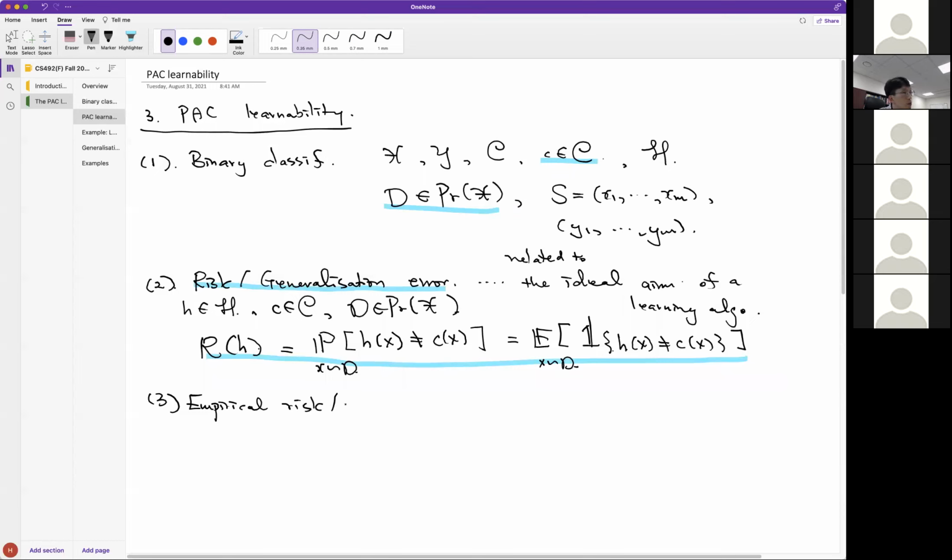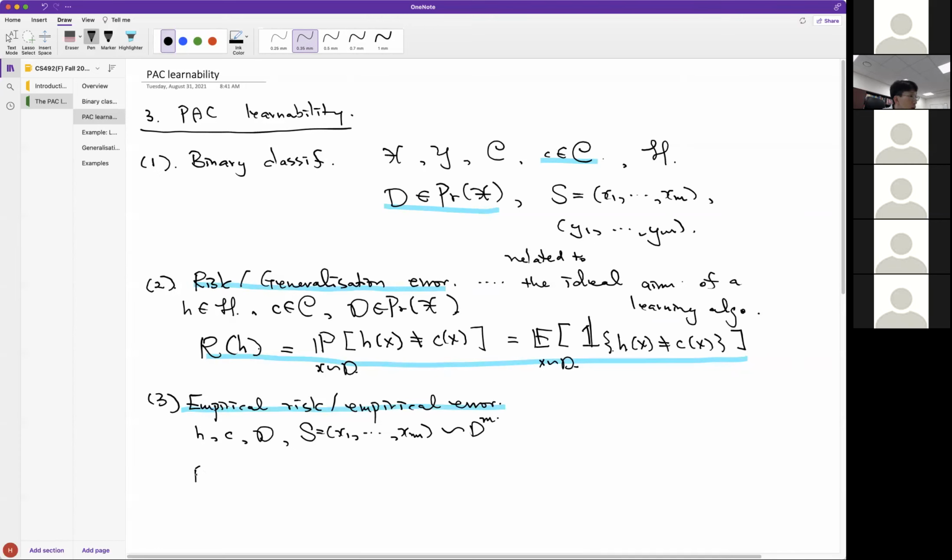Or sometimes called empirical error. And that is defined by this. It's parameterized by a hypothesis, a concept and a distribution, but at the same time, it's also parameterized by a sample, which is a sequence of examples drawn from this distribution D independently.